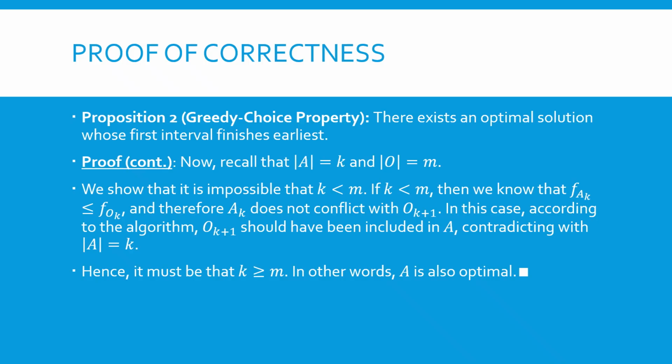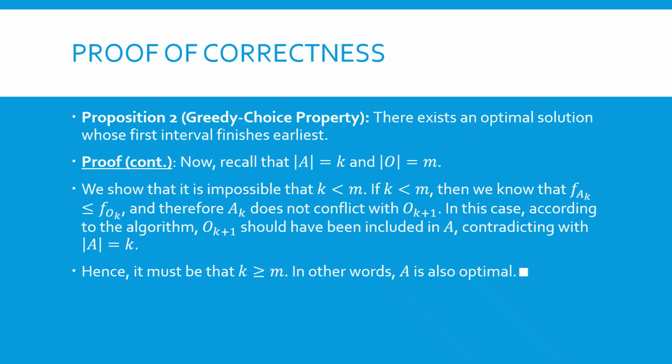With this property, we can now compare the sizes of the greedy set A and the optimal set O. Recall that A contains k jobs and O contains m jobs. We claim that k cannot be smaller than m. Recall that we have proven that f(Ak) is less than or equal to f(Ok). Because O is a feasible set, job O(k+1) must not overlap with any job in A up to Ak.